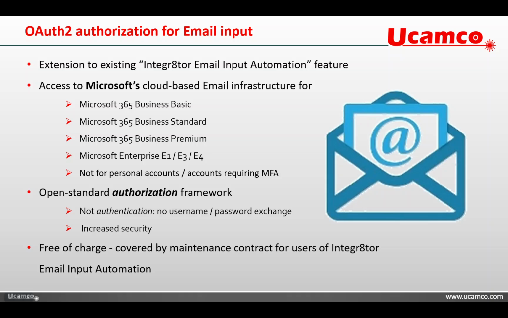The way this is done with OAuth2: OAuth2 is basically an open standard platform that grants, let's say, third-party applications, in this case, an Integr8tor server, access to features on the service, in this case the email service from the Microsoft platform.